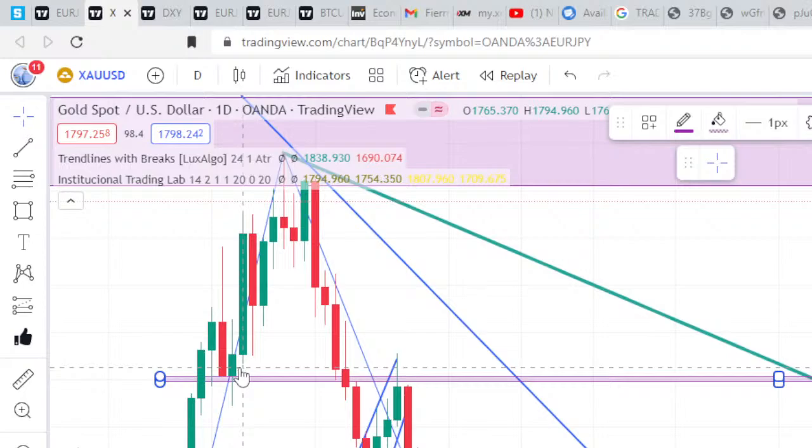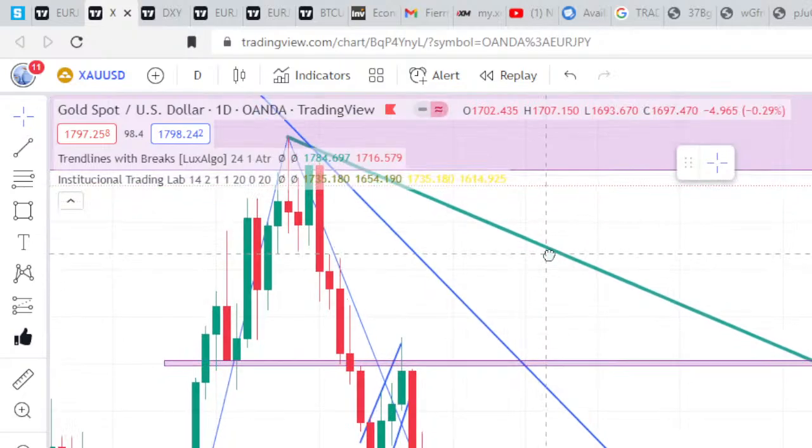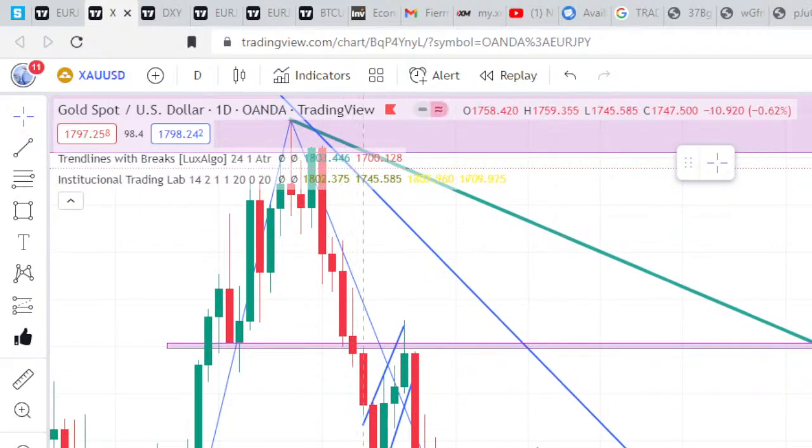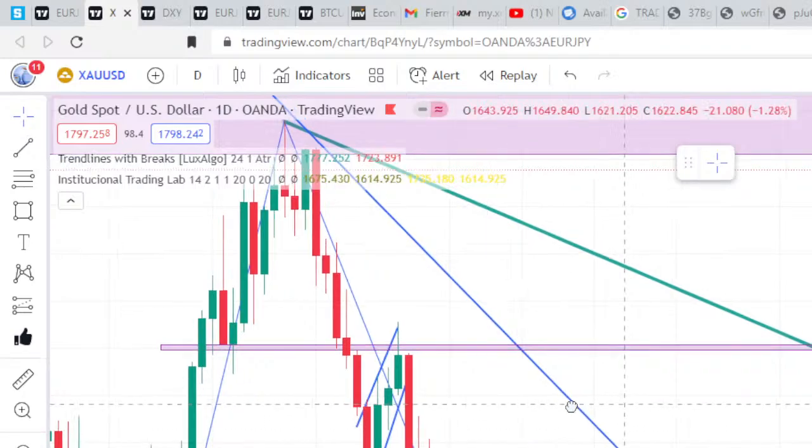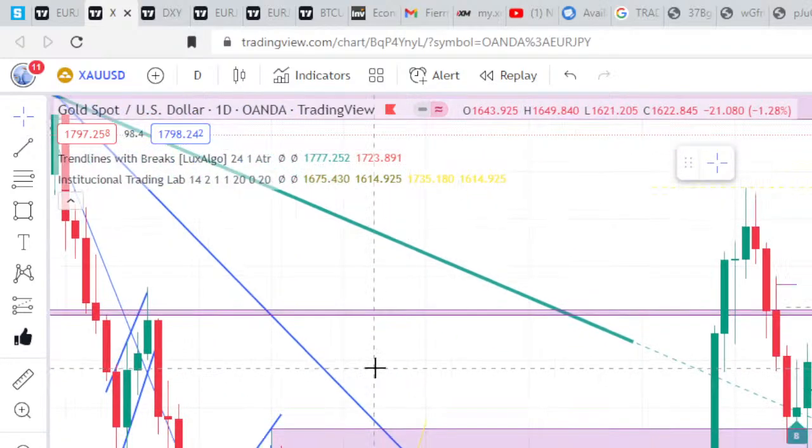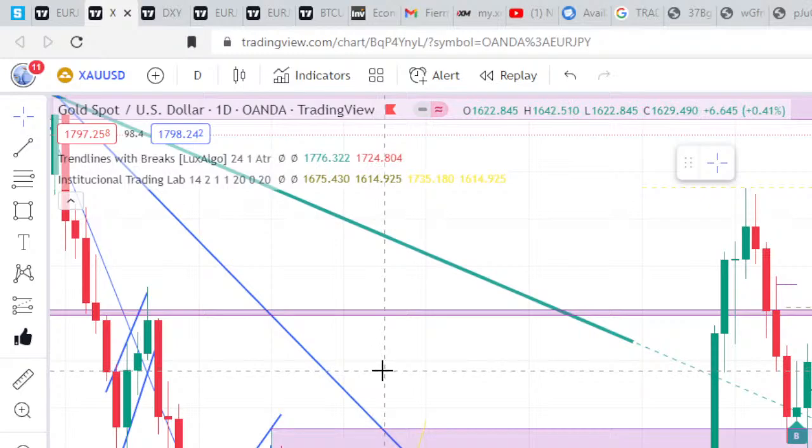At this point we had some breakouts going downwards, and again the candlesticks come up to this level and are faced with some downward push, some resistance once more. So this is one of the interesting zones for gold.